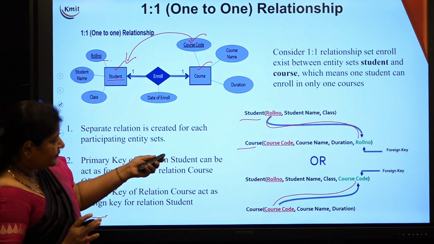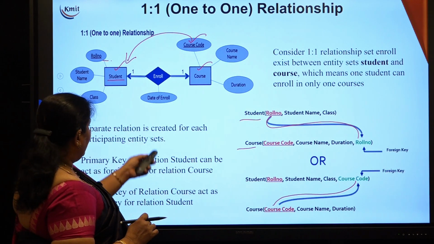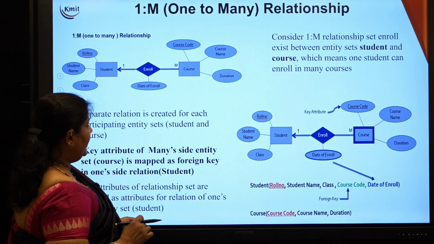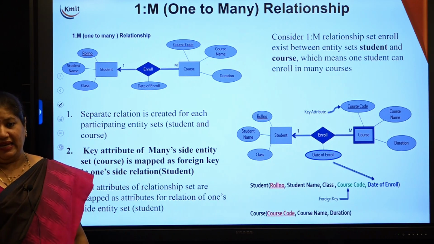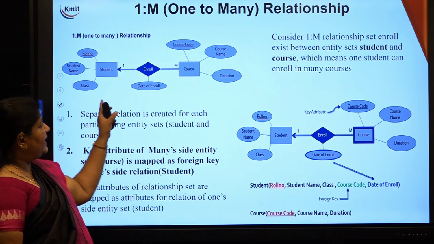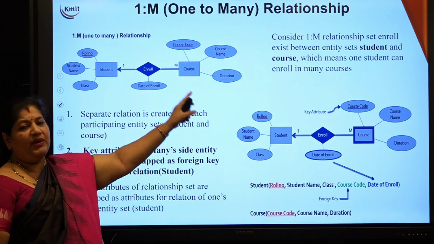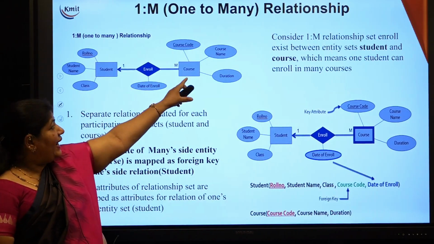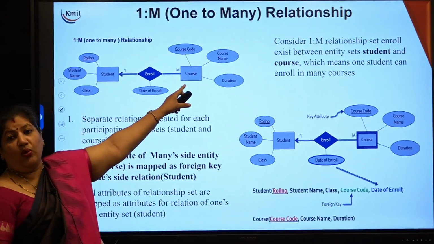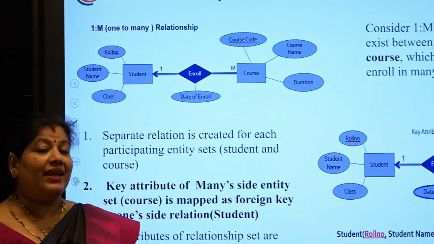Now, coming to the next slide, here we are going to represent a one-to-many relationship. Again, I am taking the same example, one-to-many between student and course, where one student can enroll into many courses. Now, how do I represent this?